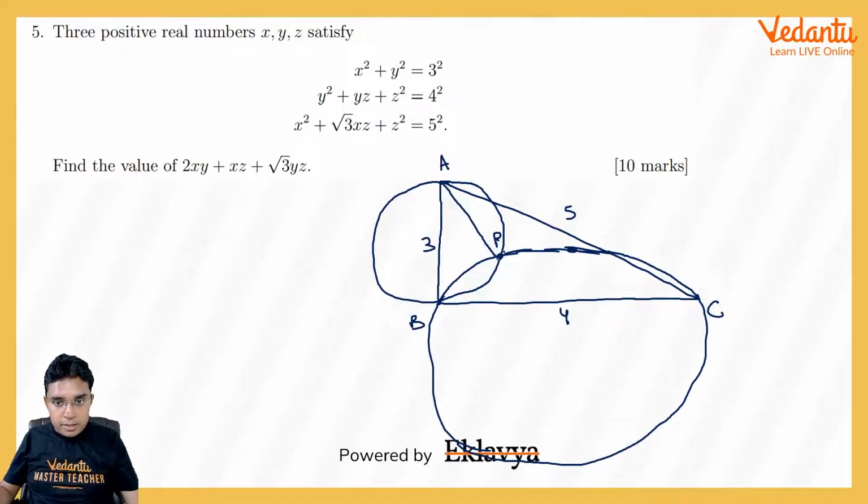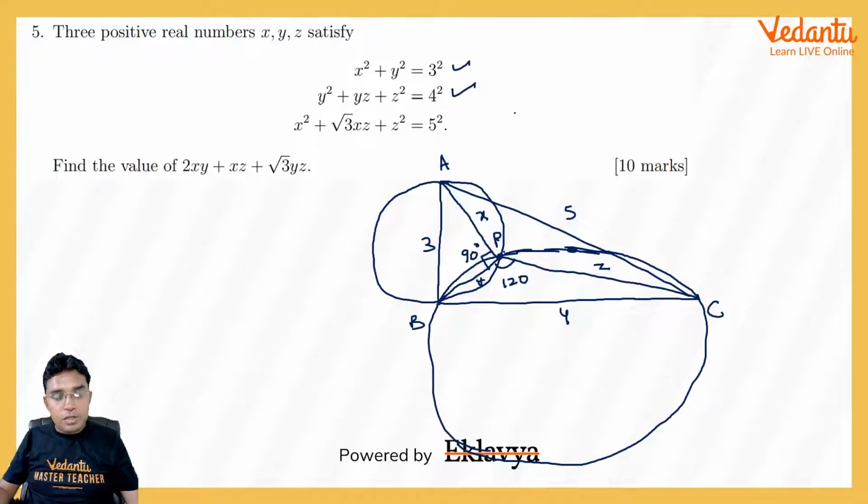Now if I join A with P, B with P and P with C, this will be 90 degrees. Let us call this one X, this one Y, and this one Z. So you can see this angle is 120 degrees, this angle is 90 degrees. So my first relation is satisfied, x square plus y square is equal to 3 square.